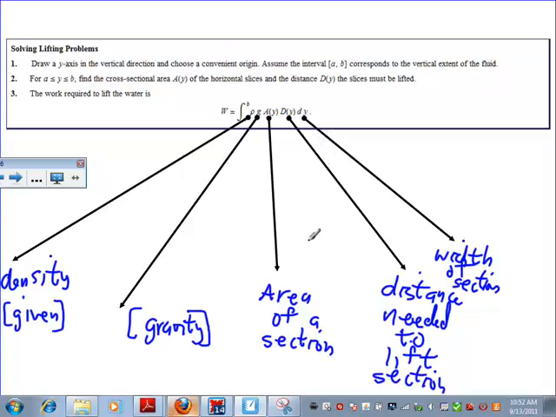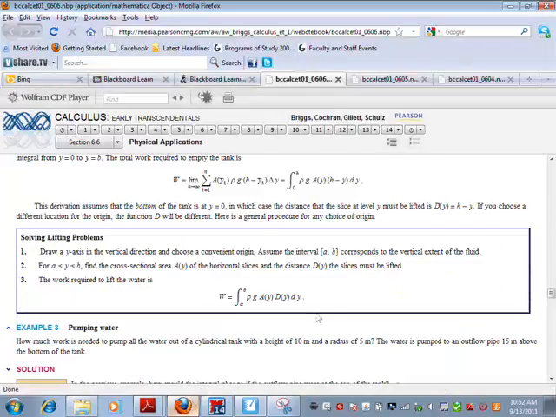Okay. All right. Let's do an example. How much work is needed to pump all the water out of a cylindrical tank with a height of 10 meters and a radius of 5 meters? The water is pumped to an outflow pipe 15 meters above the bottom of the tank.